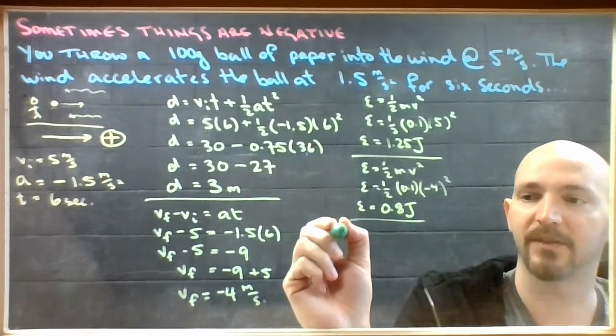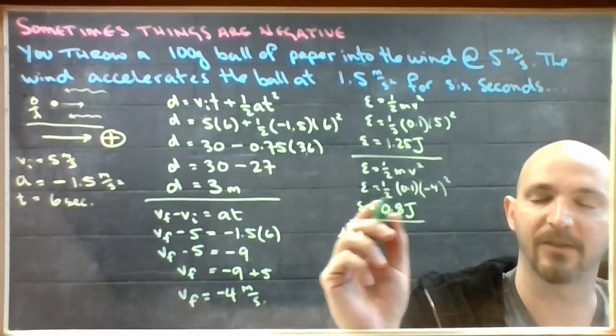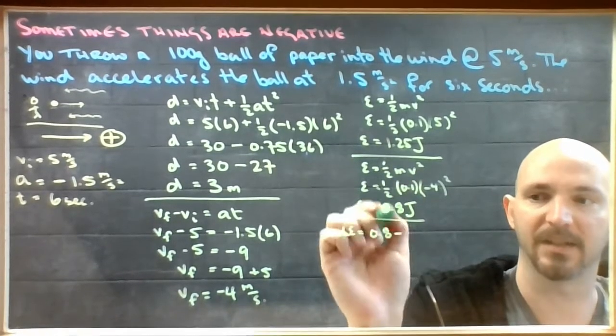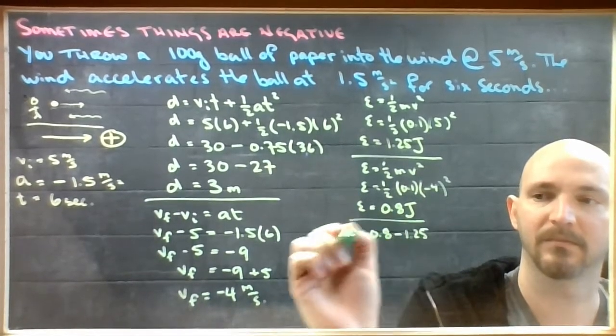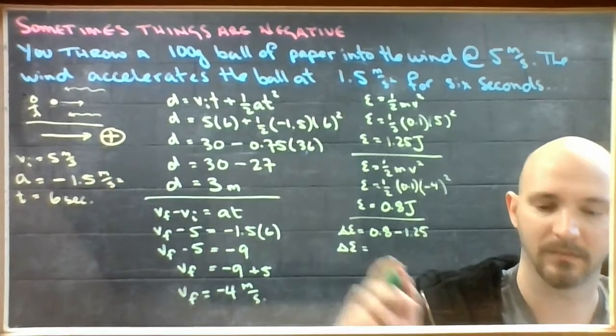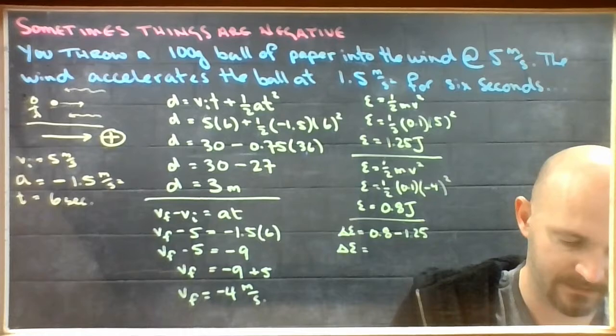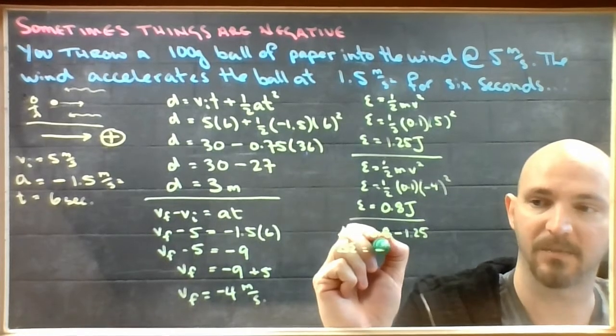So the delta energy then would be the energy at the end minus the energy at the beginning. 0.8 minus 1.25 is negative 0.45.